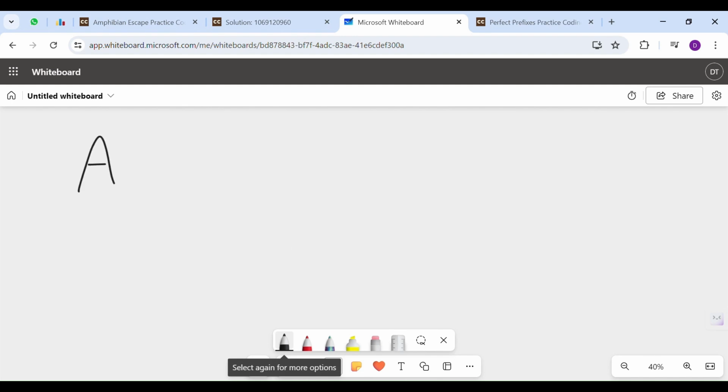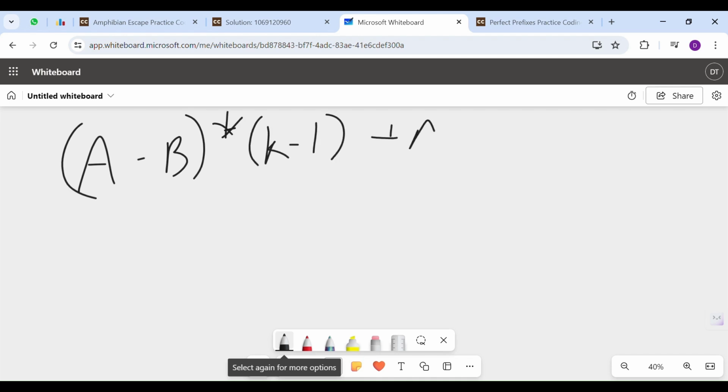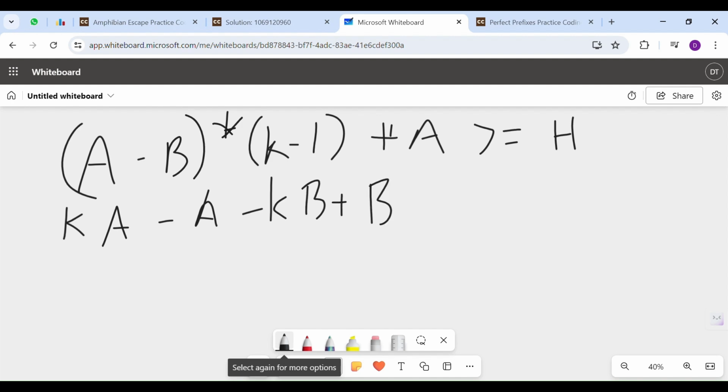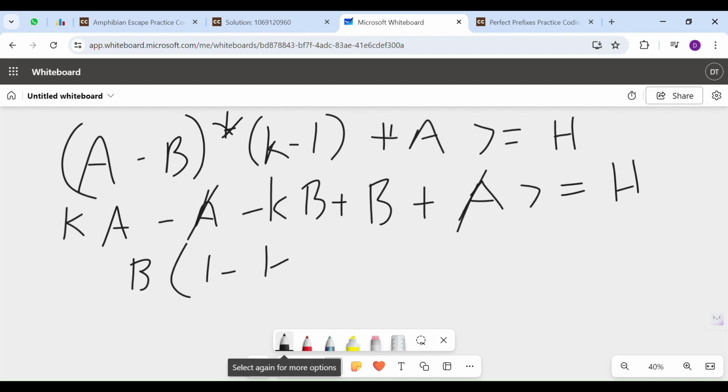The equation is net distance into K minus 1 operations plus A needs to be more than or equal to H. Cross multiply this, you will get something like this, plus A more than or equal to H, A gets cancelled, so I get B(1 minus K) more than or equal to H minus KA.